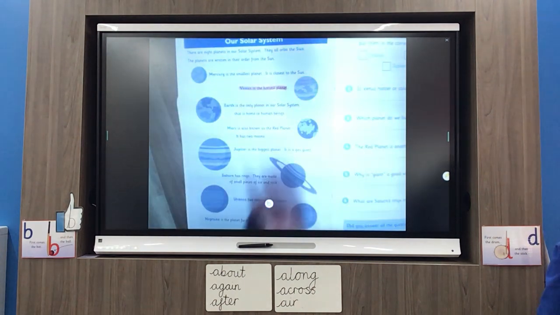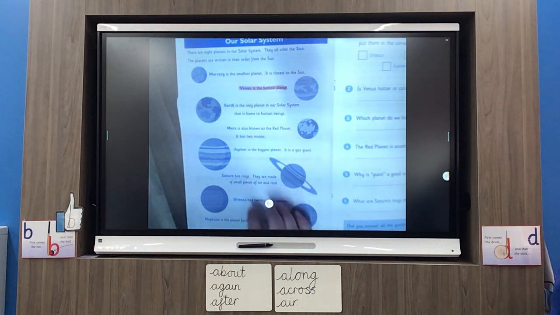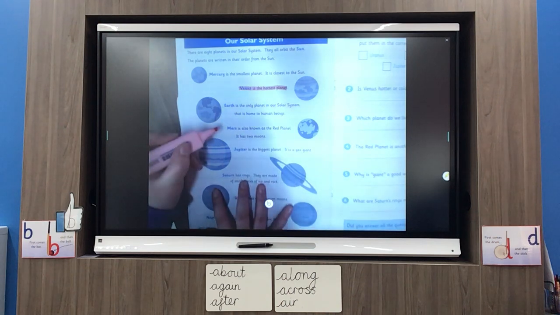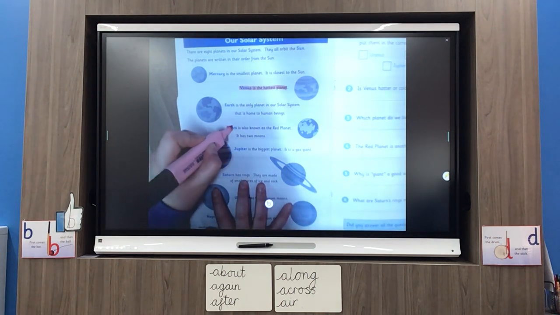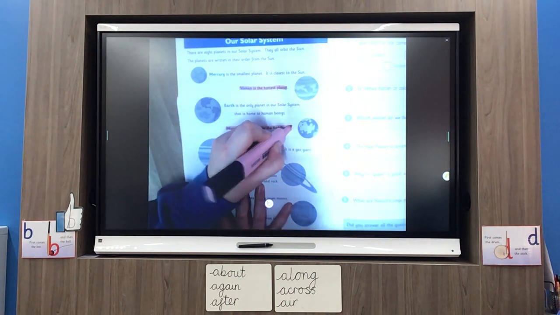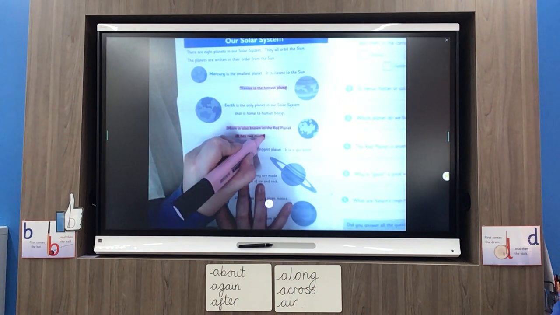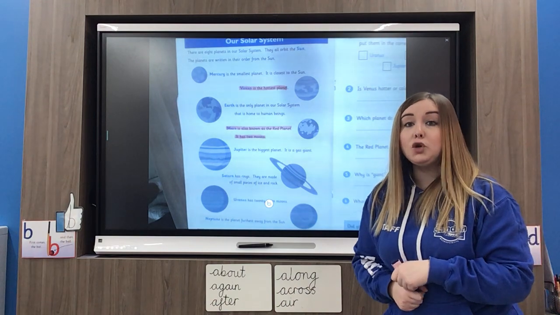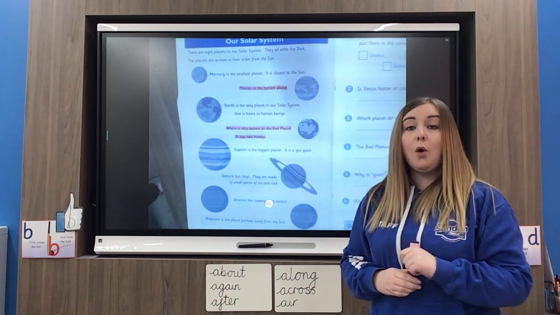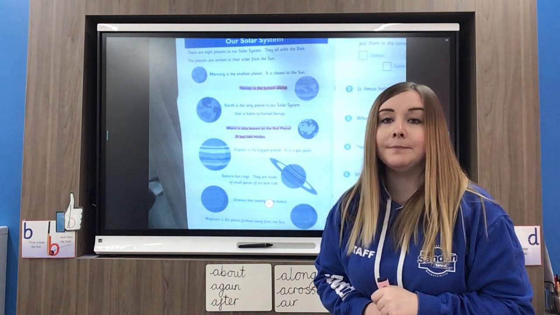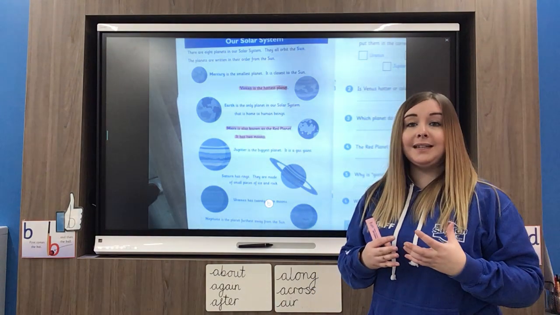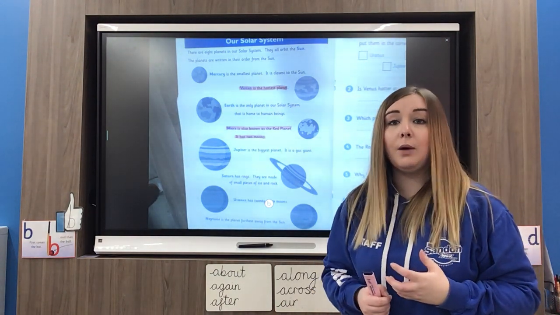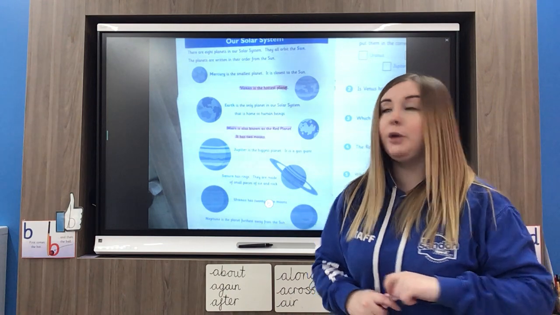Venus is the hottest planet. Then my sentence about Mars. Mars is also known as the red planet. It has 2 moons. Now, which of those planets is talking about the temperature or how hot it is? Whichever one of those planets it is, you're going to write that down on the line for question number 2.